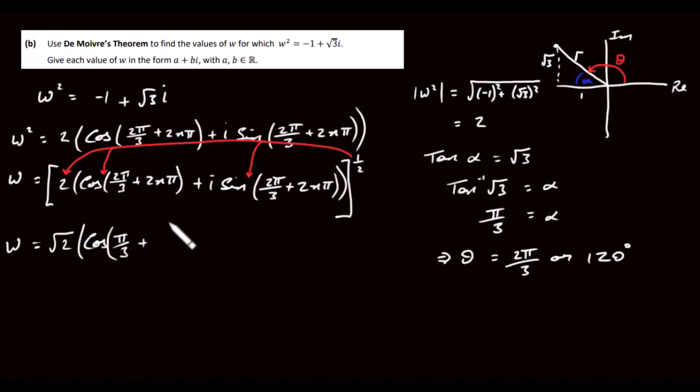If I get half of 2n pi, that's just going to be n pi. Same over here, so I've got I sine, and if I put a half in here, the 2's will cancel and I'll just end up with pi over 3 plus, and again the 2's will cancel here and I'll get n pi. So this is what I'm going to be working with now.